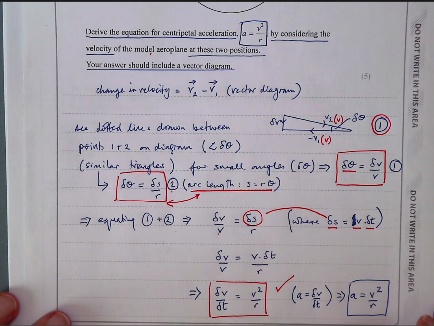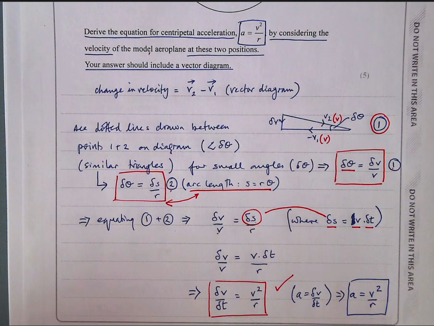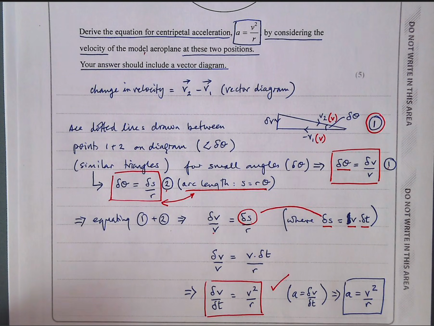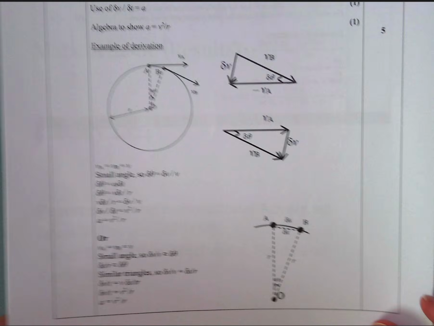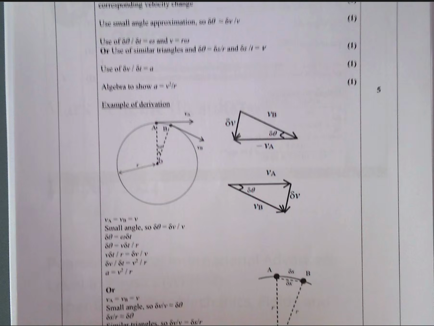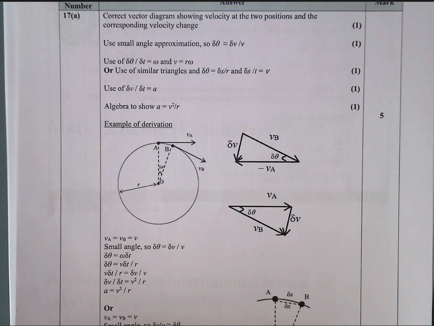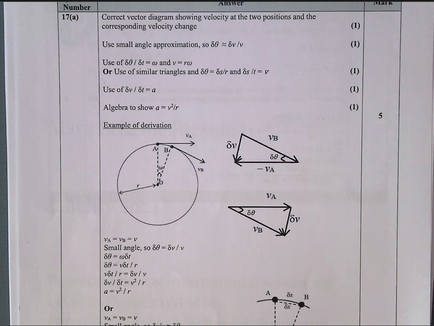Okay, so if you look at the mark scheme, they have alternative ways of doing this answer. I'll show you the mark scheme so you can have a look at it on the video at your leisure. So this is how they've done it.